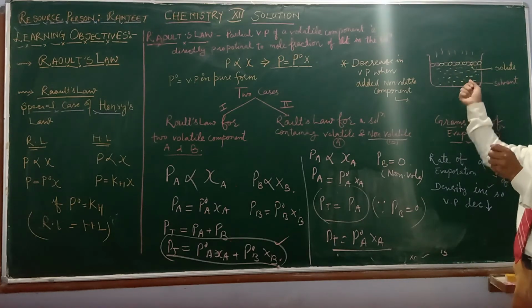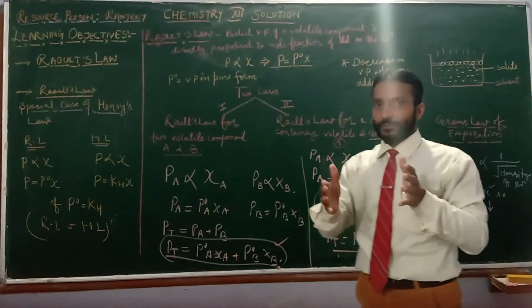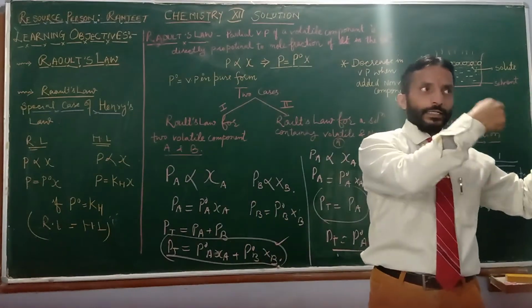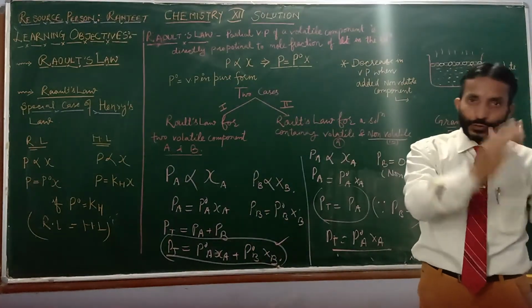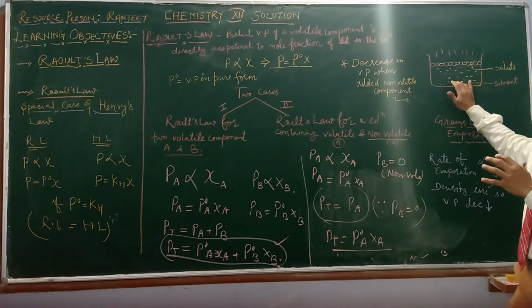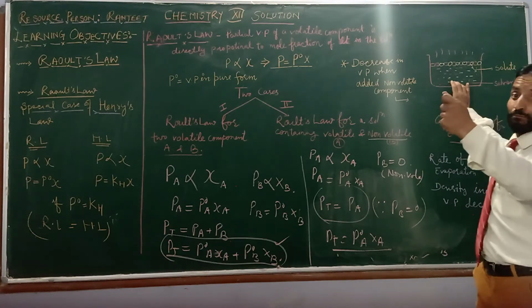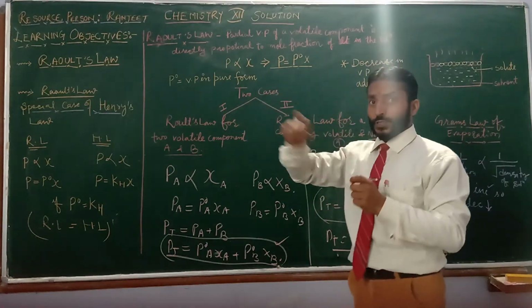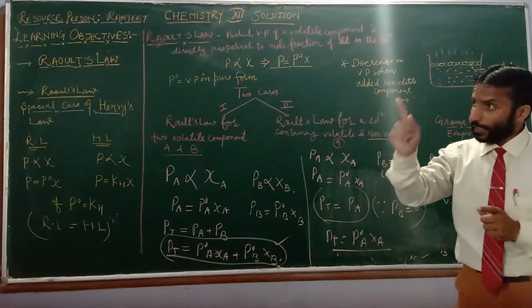Right? Such persons are also there in our life, they don't want to do anything themselves, neither want to let others do. Let others do. But we should not work as non-volatile. We should work as volatile. Change ourselves according to the situation to achieve our target.